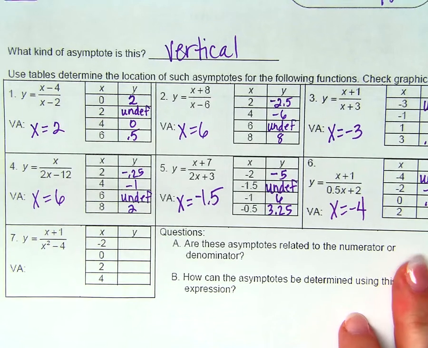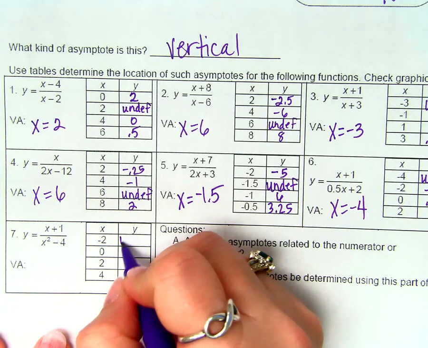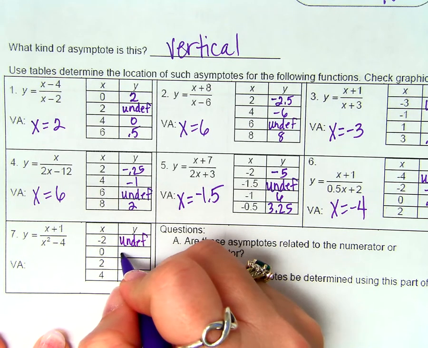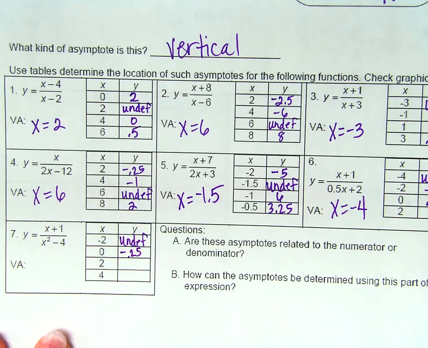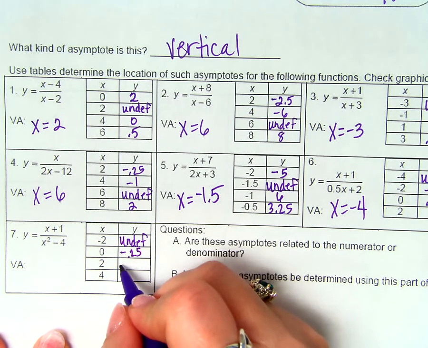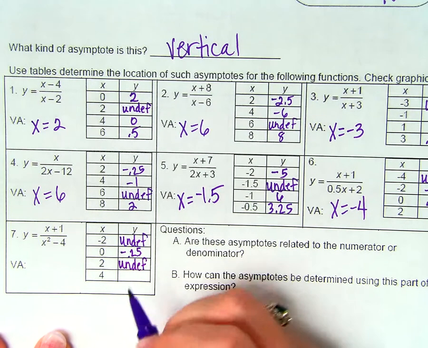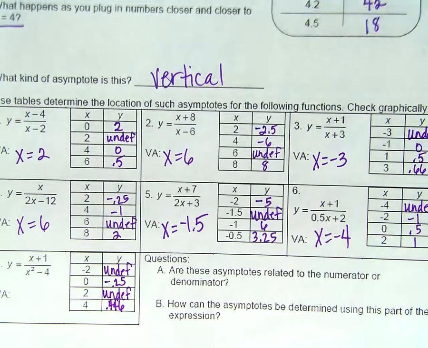Last one. Okay, well tell me what you got. Undefined. -0.25. 2. Okay. 0.416. Okay.